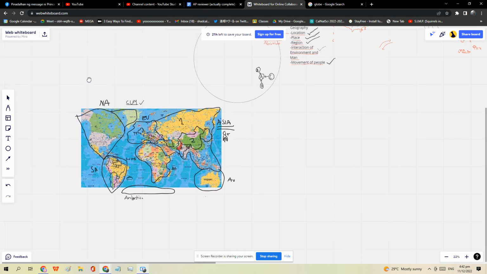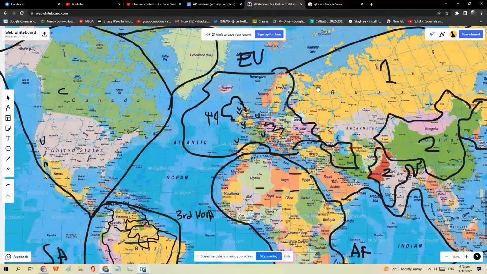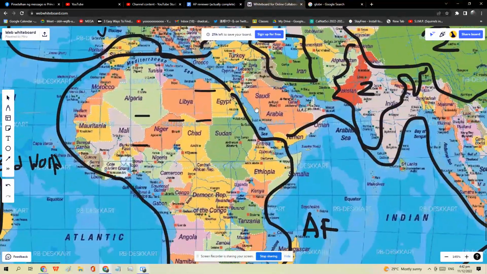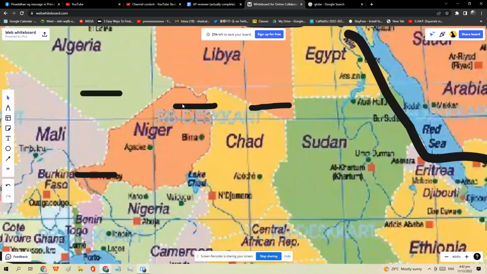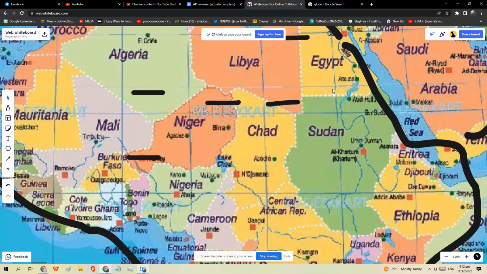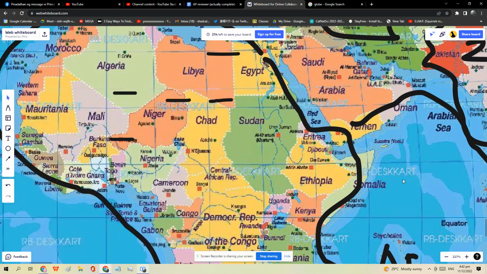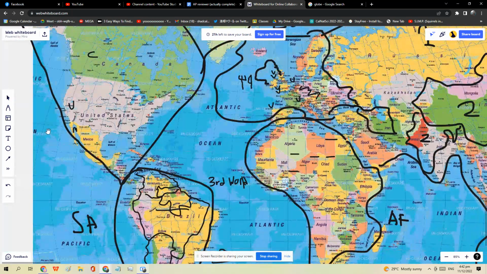So if you see over here, this is the African region. Now if you hear a unique name, let's say for example Nigeria, Chad, Egypt, they're some of the more notable names in the African region. If you hear them, it's probably in Africa.